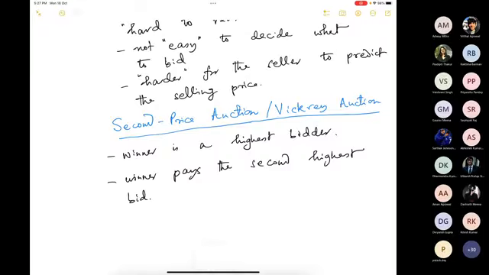What is the second highest bid? You remove the winner from this set, look at all other bids and take the maximum, because the winner is the highest bidder. So the second highest bid is the highest among all the non-winning buyers.